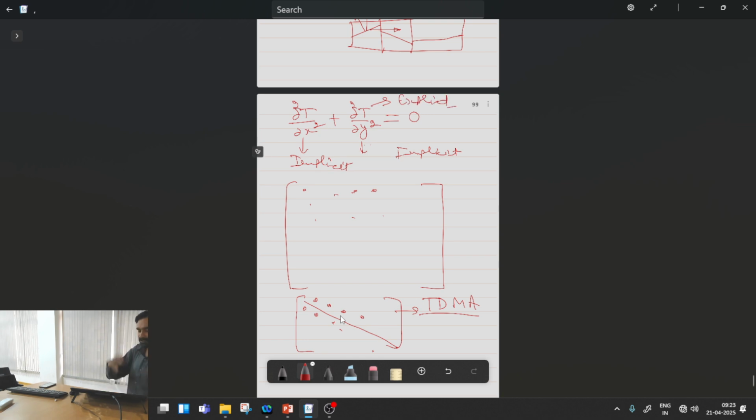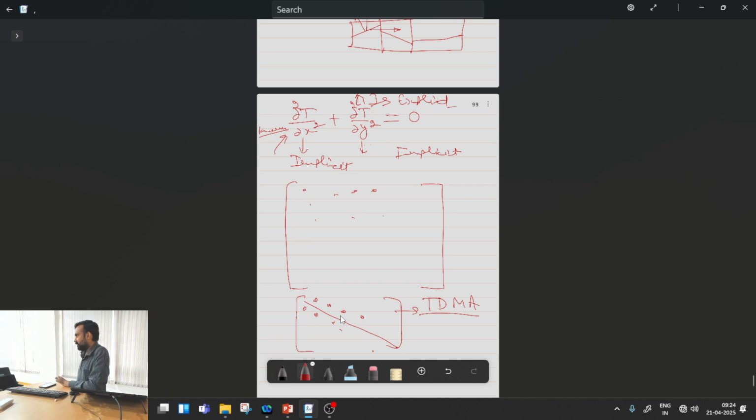In this way we get a diagonally dominant matrix and we solve for intermediate values. After solving, we consider these intermediate values to be known and then apply implicit on the other term, so that we again get a diagonally dominant matrix. This is how we calculate the temperature field for two-dimensional flow.